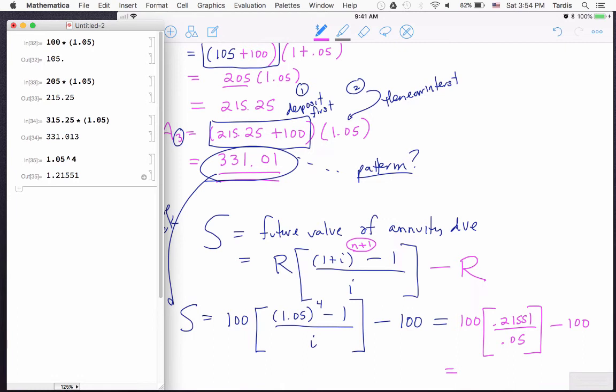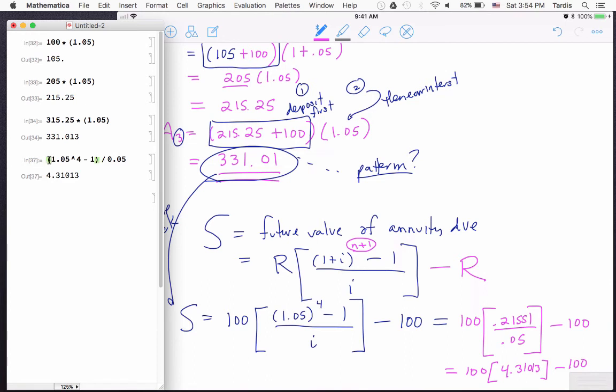So we'll subtract the 1, then divide that by 0.05, and you'll get the 100 times 4.31013. Then you need to subtract 100.